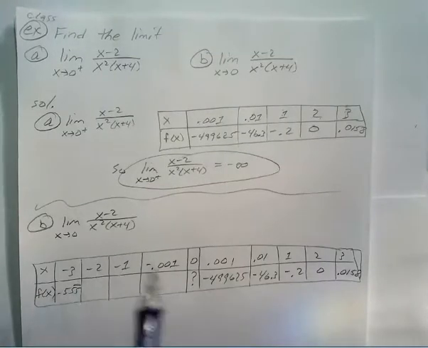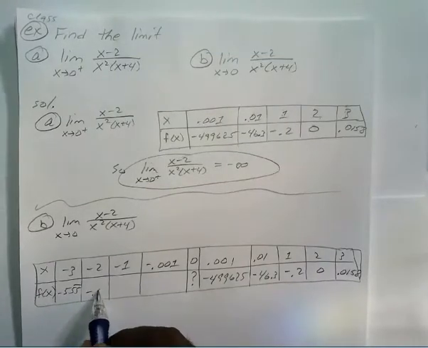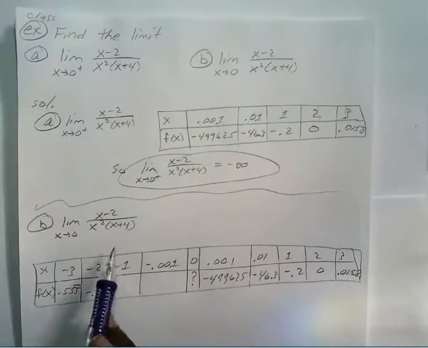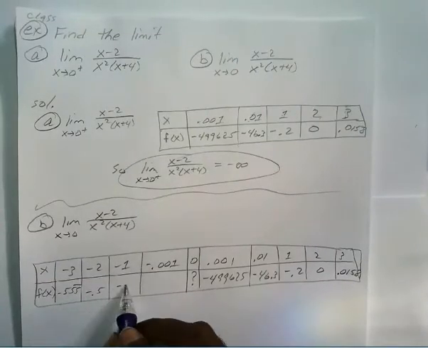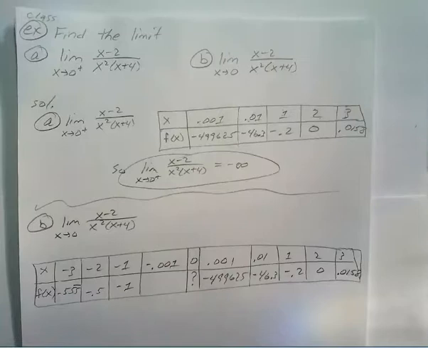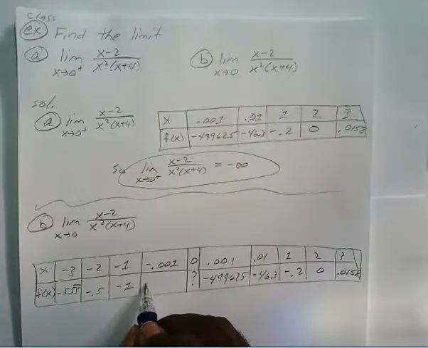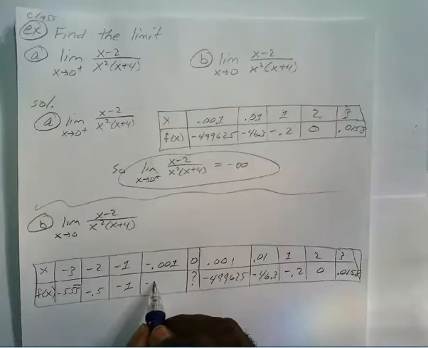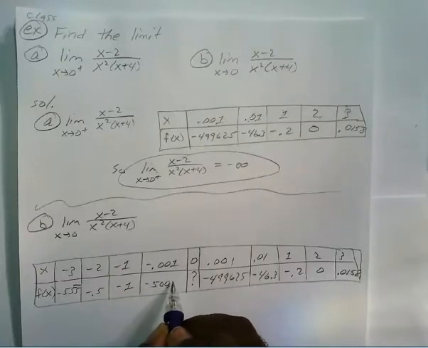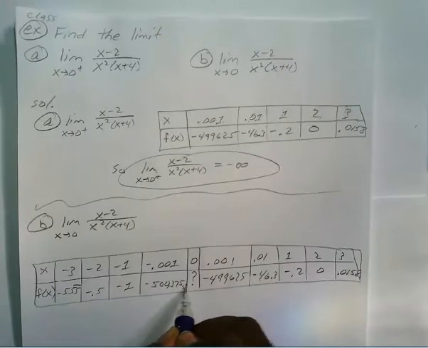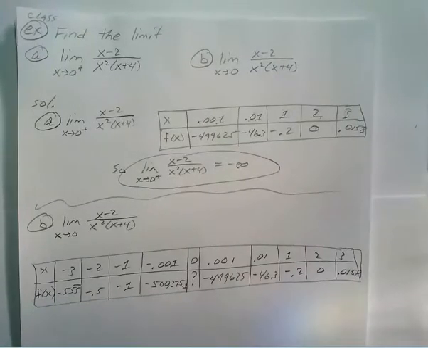Plug in x equals negative 2. You have negative 0.5. x equals negative 1 actually becomes negative 1. x equals negative 0.001 is negative 500,375, actually 0.1, and it keeps on going from there.